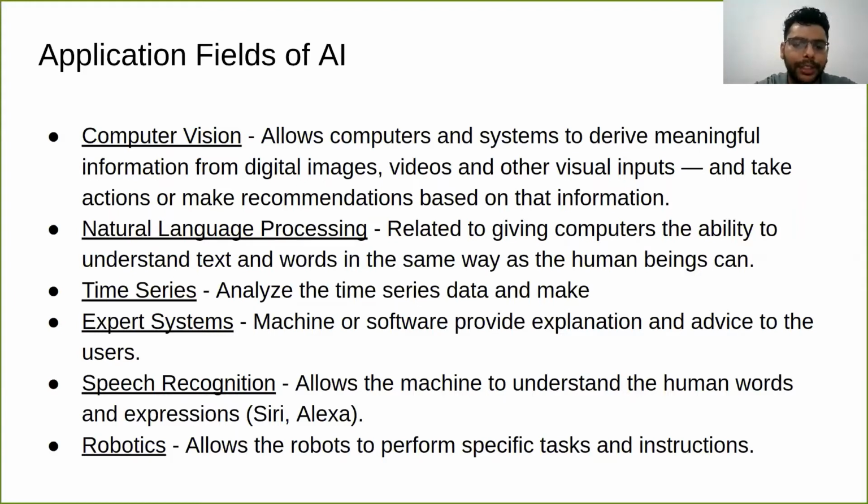Even in your mobile phone, you might have seen autocorrect, or it predicts the next word in the text you're typing. All the models and things we try to do using text and words come in the field of natural language processing.